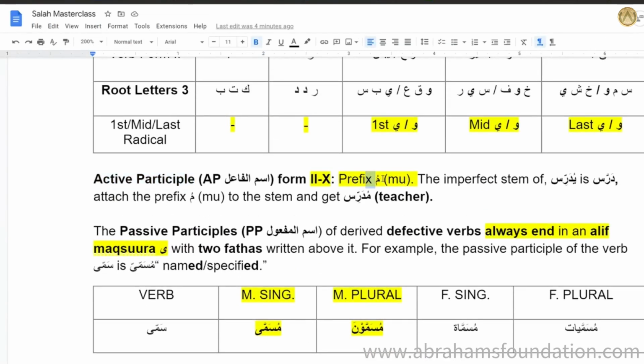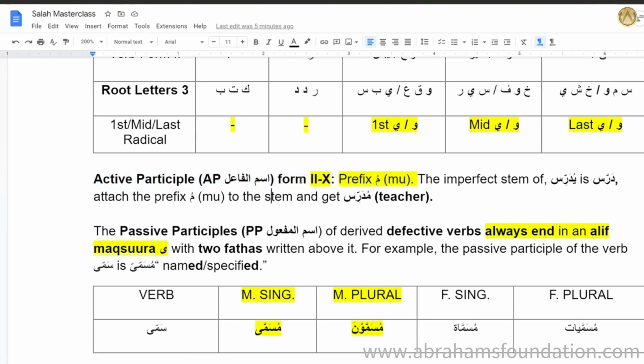You add a mu in front of the verb, in the stem. So yudarris, the person studies. But you add a mu in front, you get mudarris, like a teacher and so on. So that is the concept of active participle.